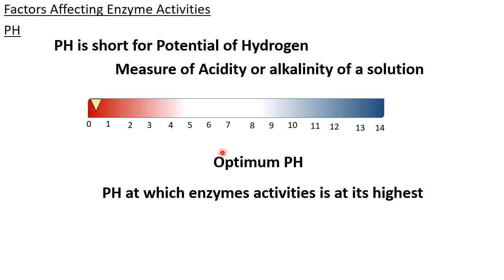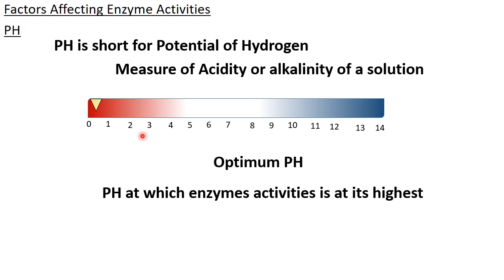For example, enzymes in the stomach work around a pH of 1, 2, or 3. Why? Because inside the stomach there is acid which helps in the digestion of food. So the environment in which these enzymes work is acidic, and therefore their optimum pH is also acidic.